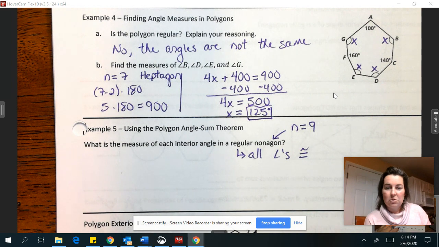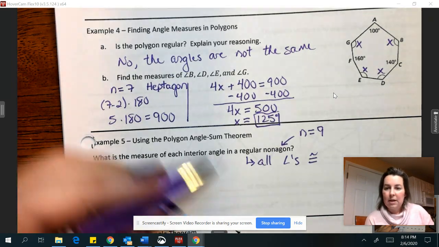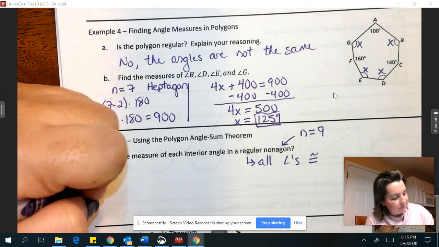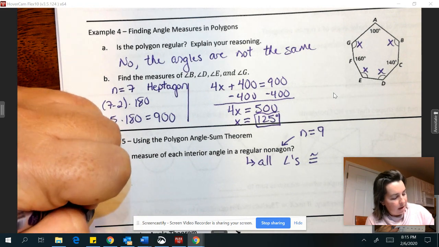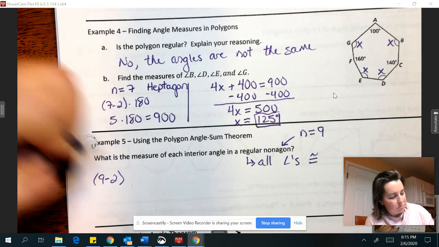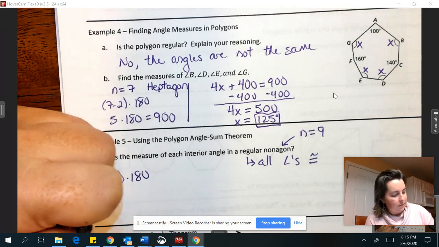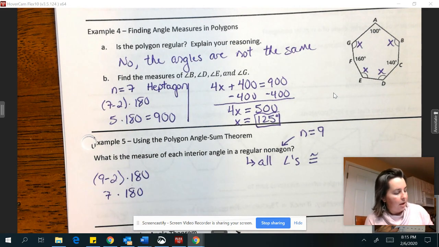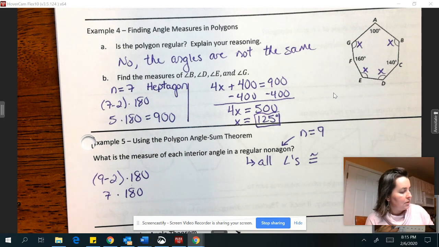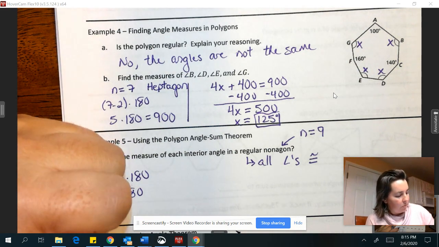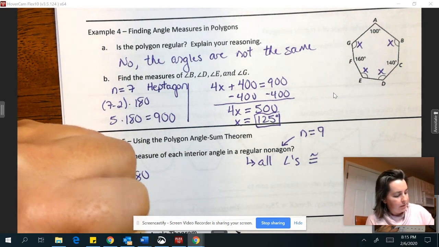The first thing you're going to do is figure out what all those 9 angles would add up to. So we would have 9 minus 2 times 180. We get 7 times 180, and that is 1,260.